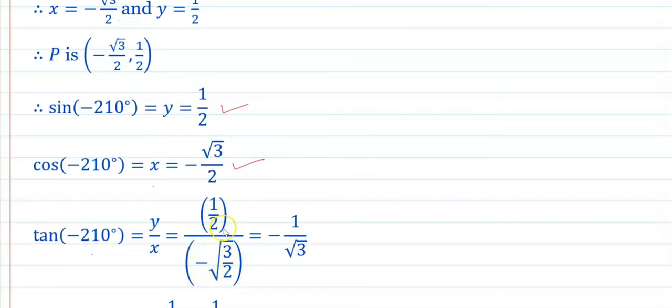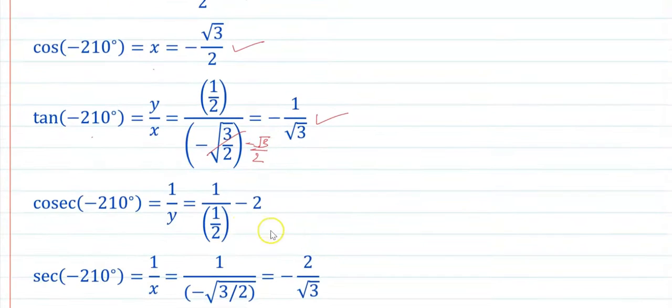The 2 gets cancelled, and you will get minus 1 upon root 3. Tan of minus 210 equals minus 1 upon root 3.